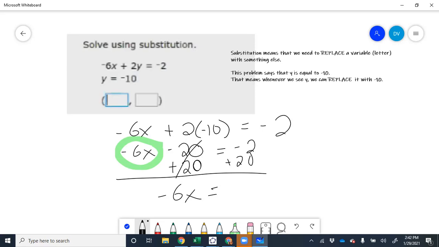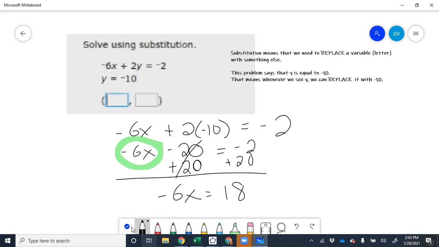Well, right here, it says -2 and +20. Let me write what I just said. -2 and +20 is the same as 20 minus 2. You don't need a calculator for that. What's 20 minus 2? Right. So this is 18.